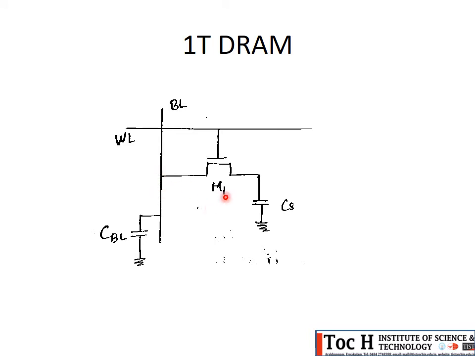So the conclusion is, if the stored value is 1, then the BL voltage variation will be positive, and if the stored value is 0, then the BL voltage variation will be negative. Depending upon the polarity of voltage variation in the bit line, the read value will be either 1 or 0.